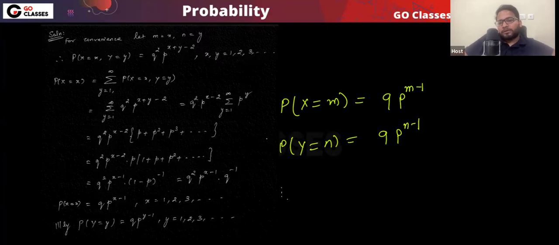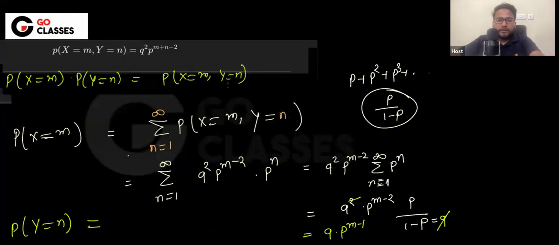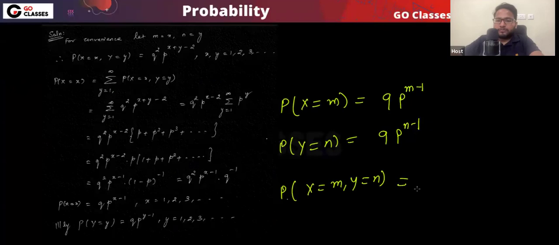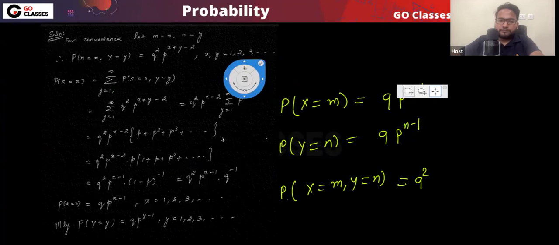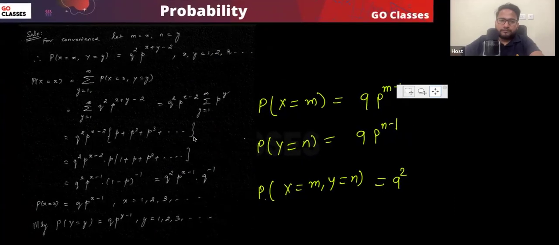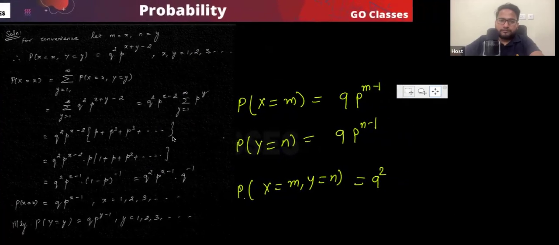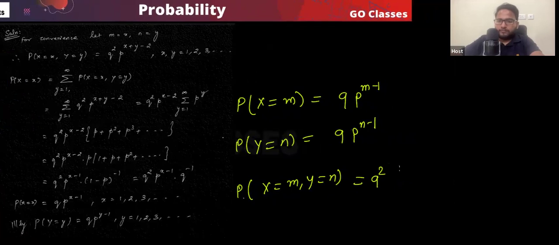And what is the joint probability that is given to us? This is given to us as q square p power m plus n minus 2.